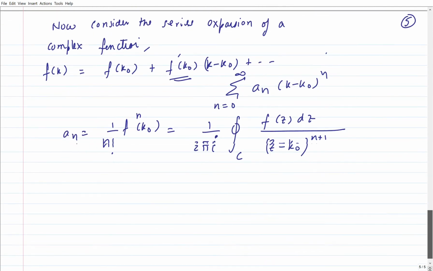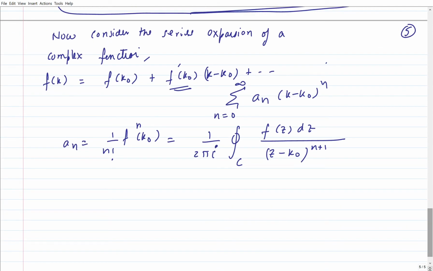So this is the expression of the Taylor series in terms of the contour integrals. And remember, the region C will specify the region where the series converges.